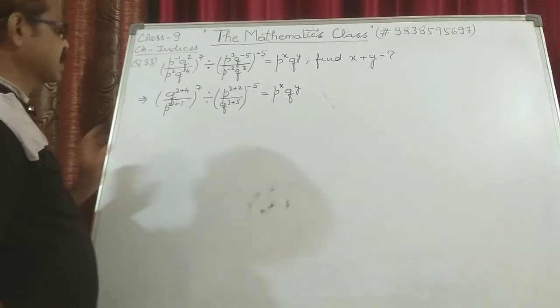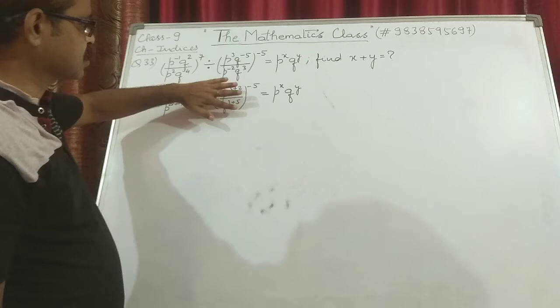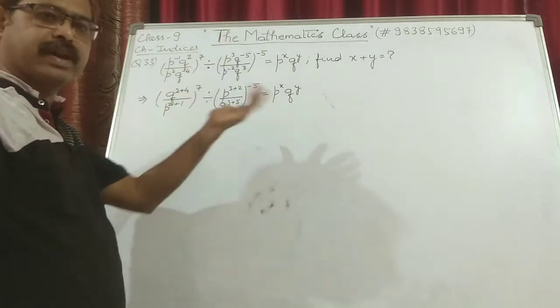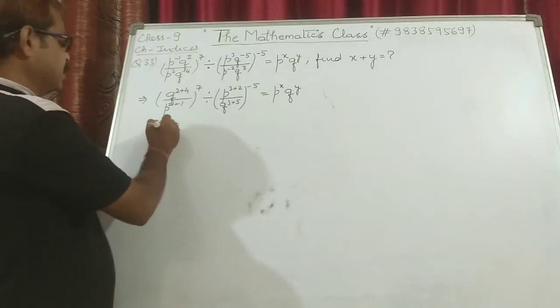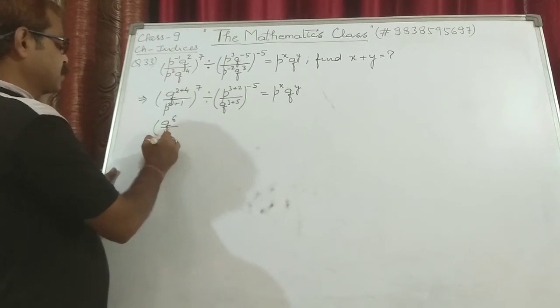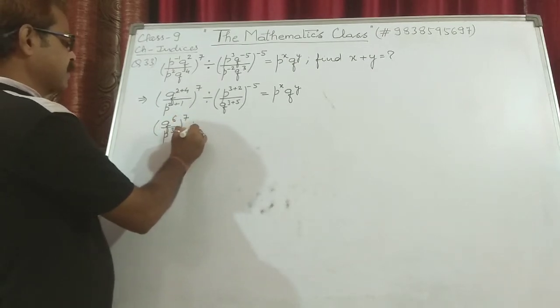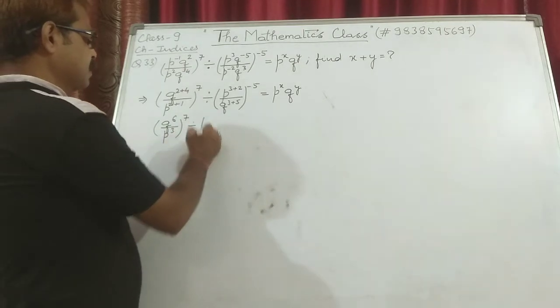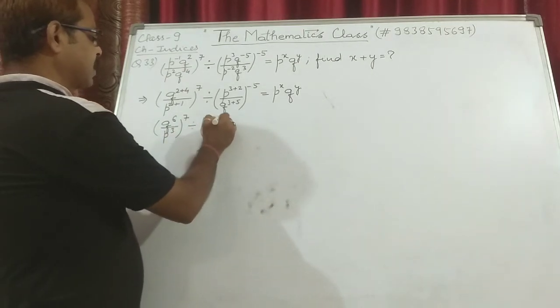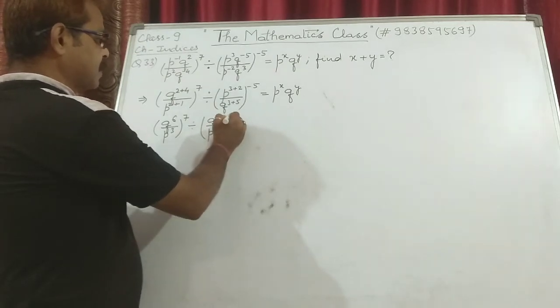Now in the second step, this power is negative, we will convert it into positive, means this whole fraction will reciprocate itself. So that will be q to the power 4 and 2 is 6 upon p to the power 2 and 1 is 3, whole power 7, divided by q to the power 8 upon p to the power 3 and 2 is 5, whole power 5.